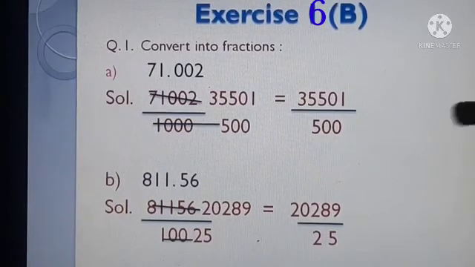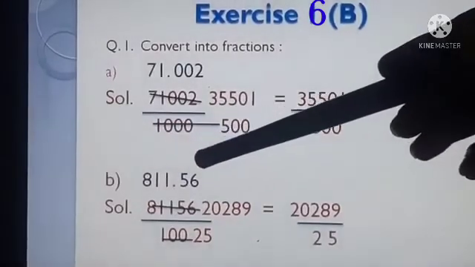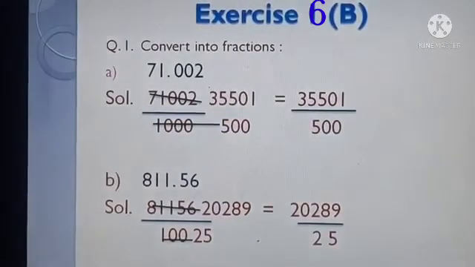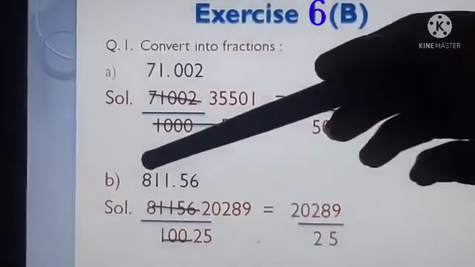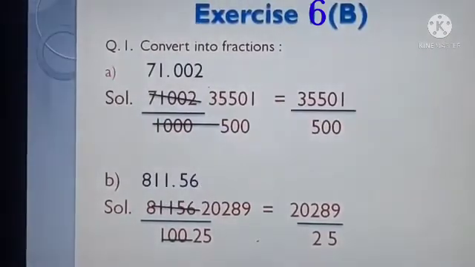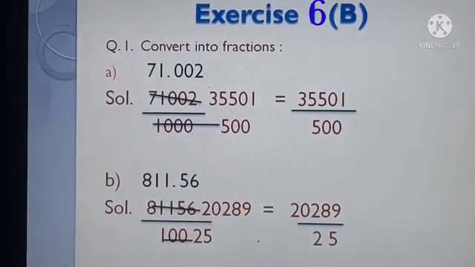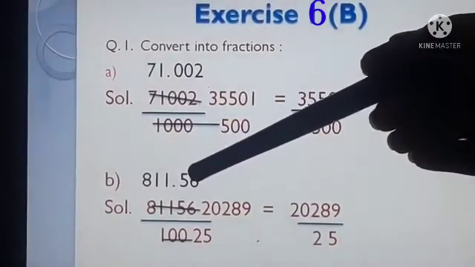It will become our answer. Right? Now let's start the B part: 811.56. What is our first step? To write it in the form of a fraction, we will write down the number without the decimal, 81156 upon 1, and with 1 how many zeros? 2.